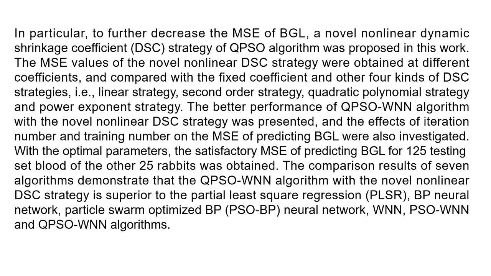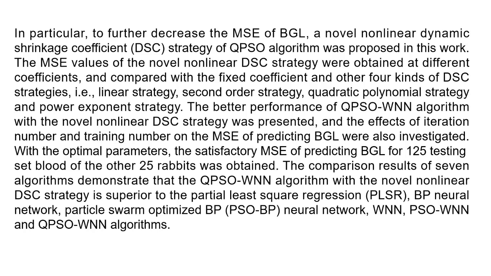The better performance of the QPSO WNN algorithm with the nonlinear DSC strategy was presented, and the effects of iteration number and training number on the MSE of predicting BGA were also investigated with the optimal parameters. A satisfactory MSE of predicting BGA was obtained for the 125 testing set blood samples of the other 25 rabbits.